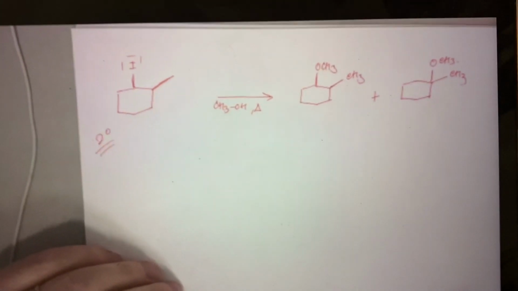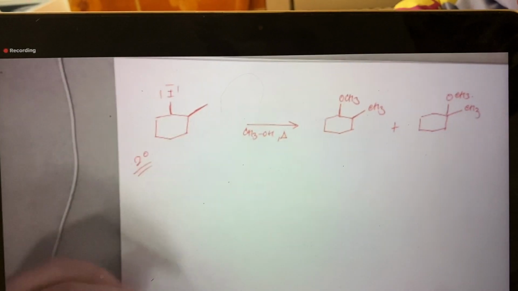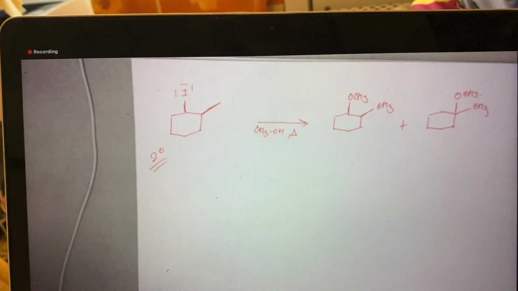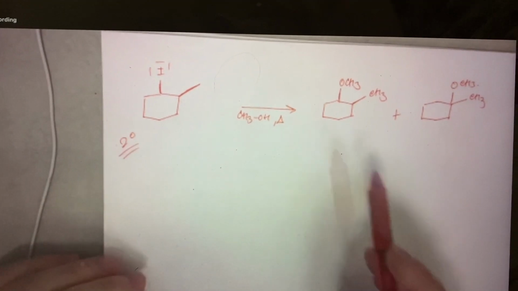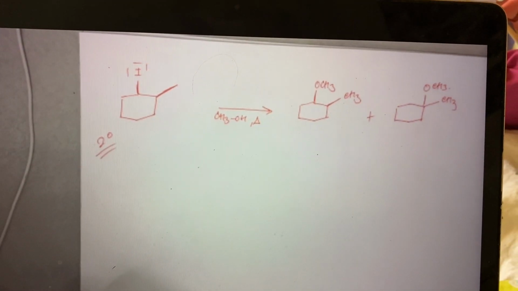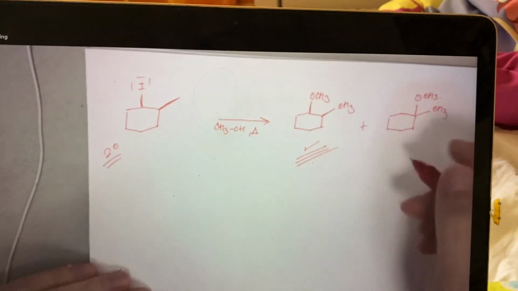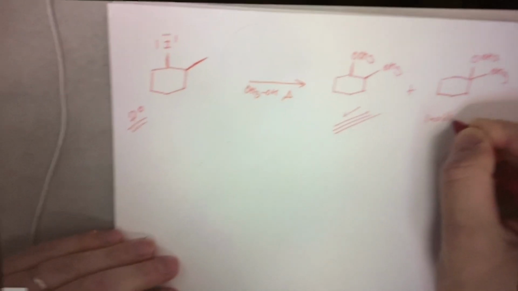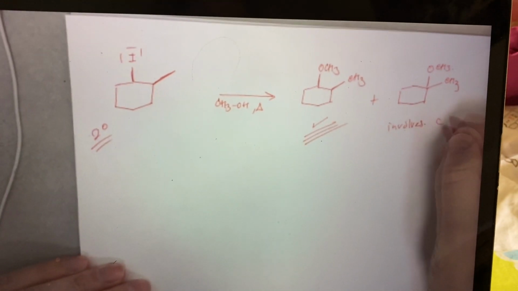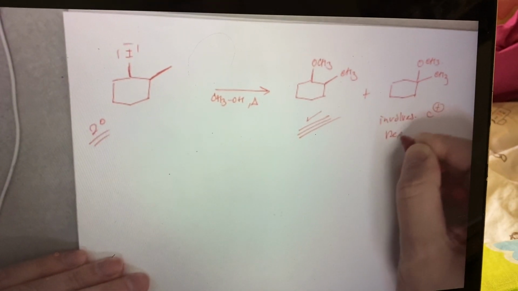This particular problem, I could say to you, give a detailed step-by-step reaction mechanism that explains the formation of these two major products. This one, very, very, very straightforward. This one involves carbocation rearrangement.